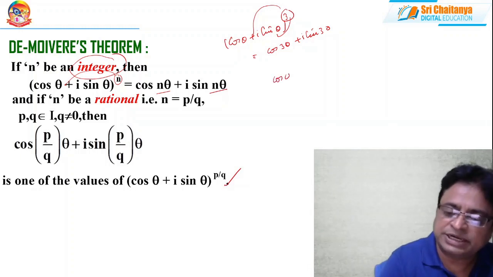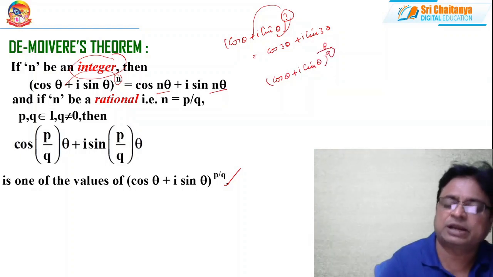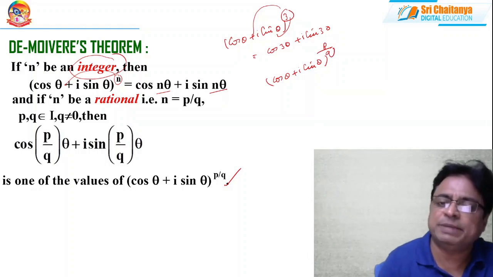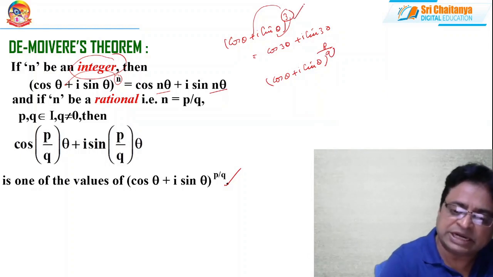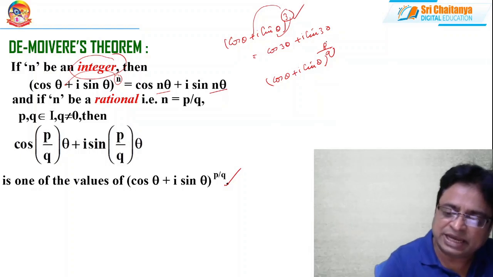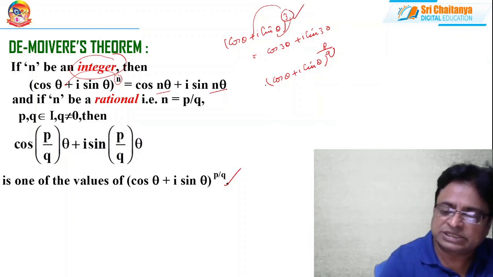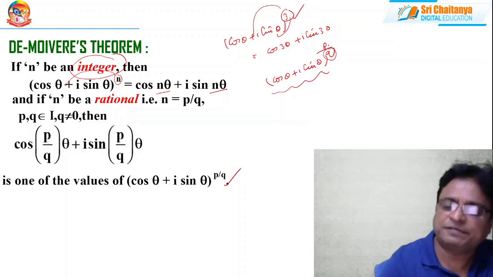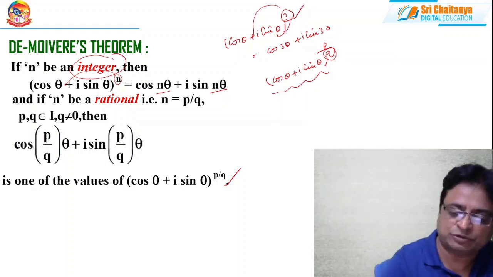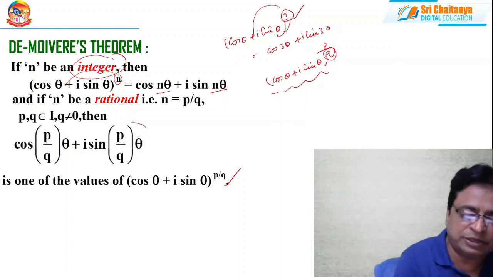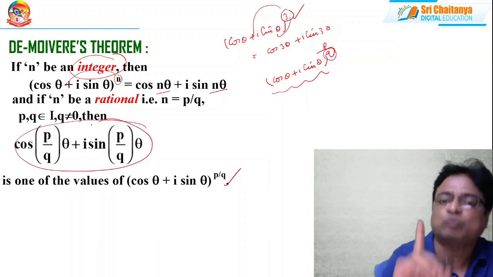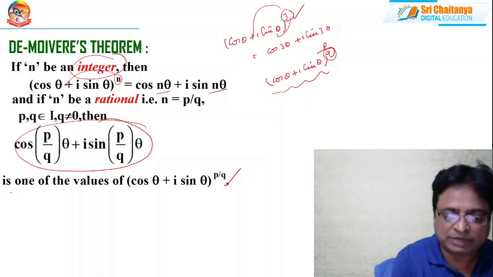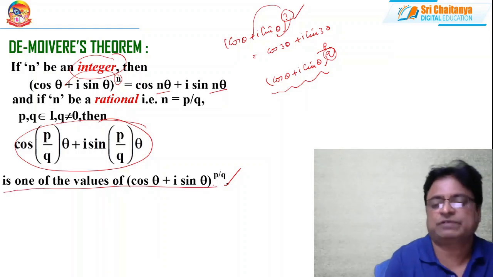There is a lot of difference between (cos theta plus i sin theta) whole power n and (cos theta plus i sin theta) whole power p by q. Here n is an integer, whereas here for p by q, this structure has q roots. Of that, cos (p by q) theta plus i sin (p by q) theta is one of the roots. That's why what I mentioned here is one of the values of.